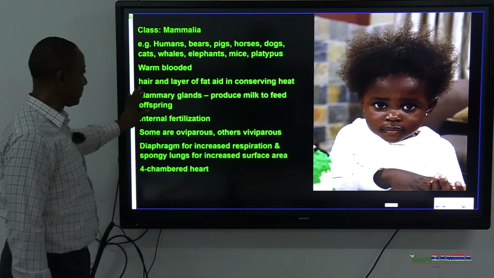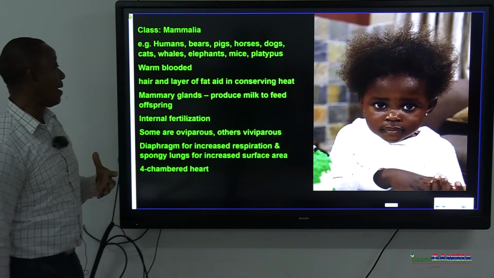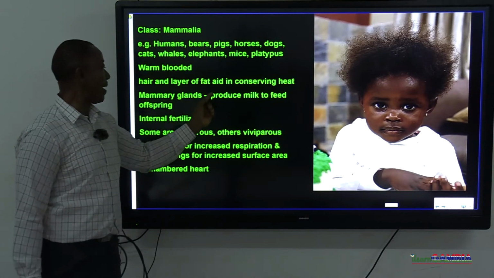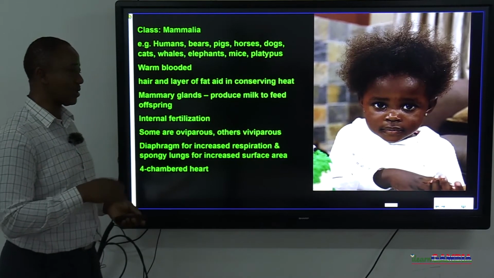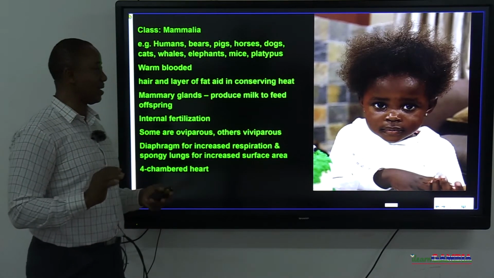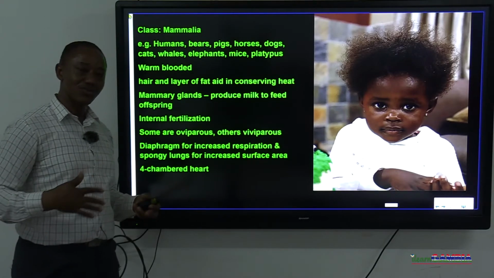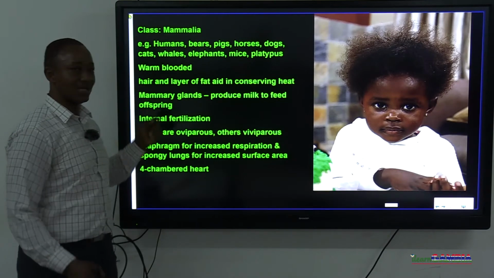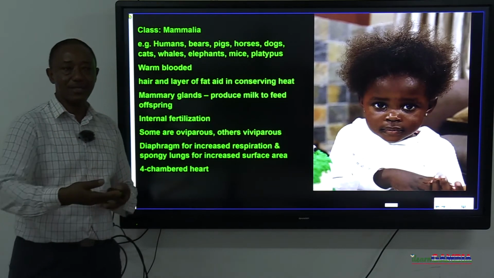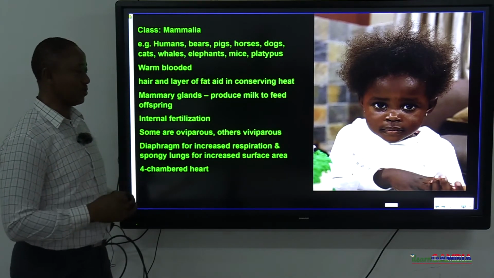We have hair on our body, and also a layer of fat to help us conserve or keep heat so that we don't lose heat, because we need that heat to keep a constant body temperature. But of course, in addition to that, we are capable of generating heat by chemical reactions in the body.